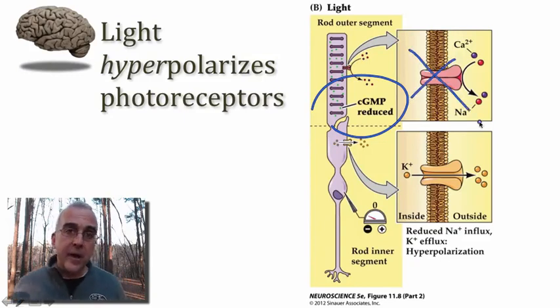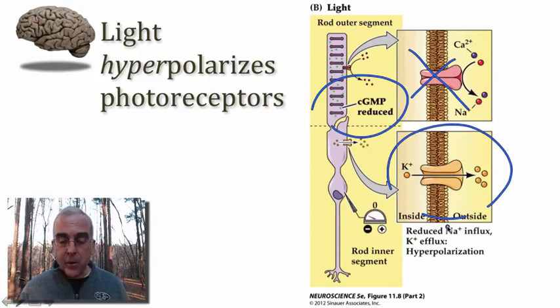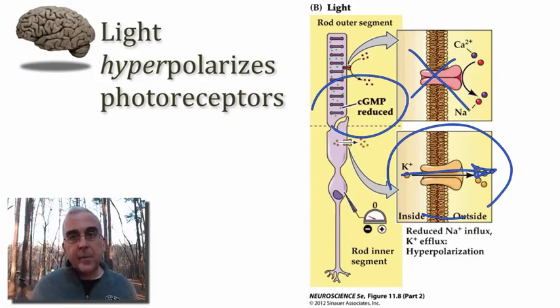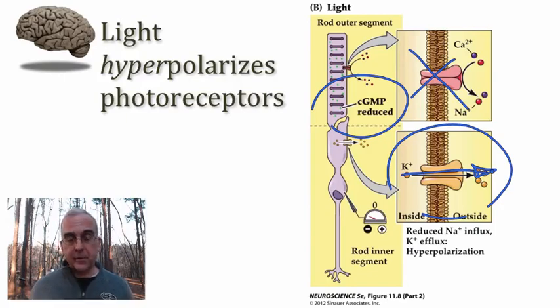And the closure of these cyclic GMP-gated channels means that calcium and sodium can no longer enter this cell and support its depolarized state. Rather, the potassium channels remain open, allowing for the efflux of potassium, and that brings that membrane down to a more hyperpolarized state. And that allows the membrane to hyperpolarize to a predictable equilibrium near about minus 65 millivolts for many photoreceptors.